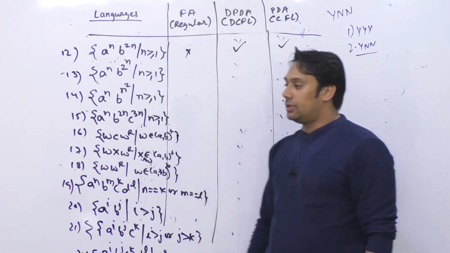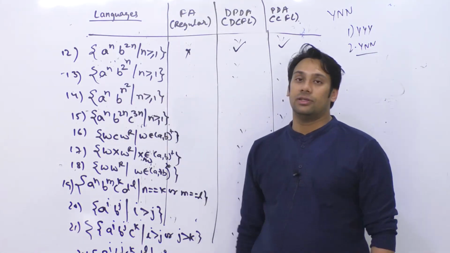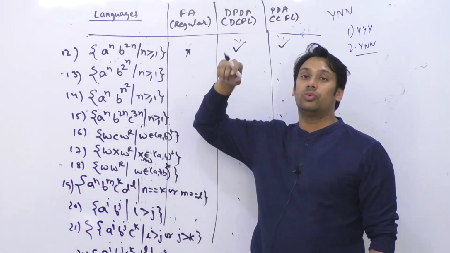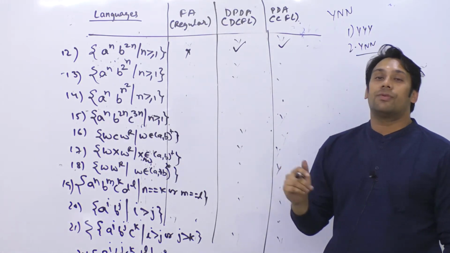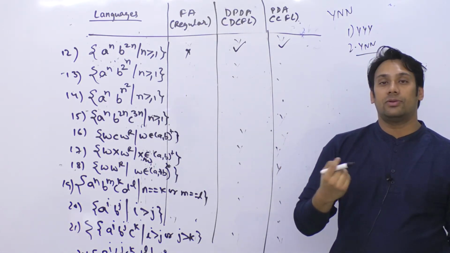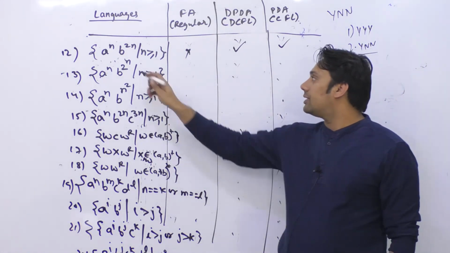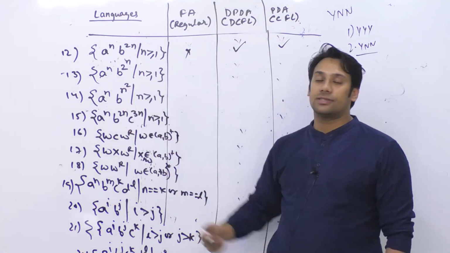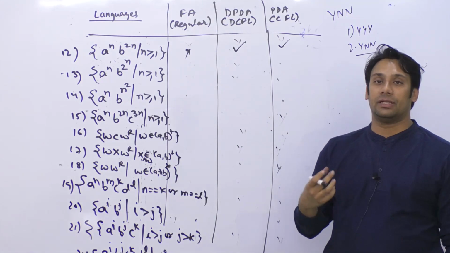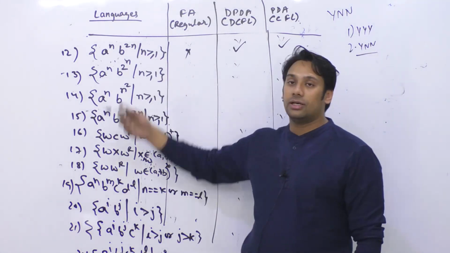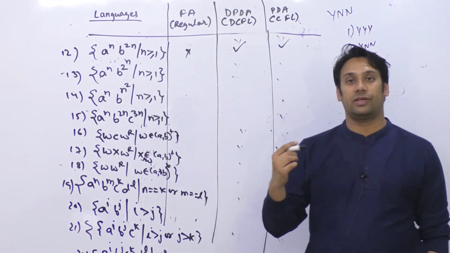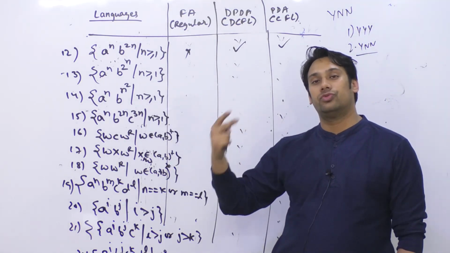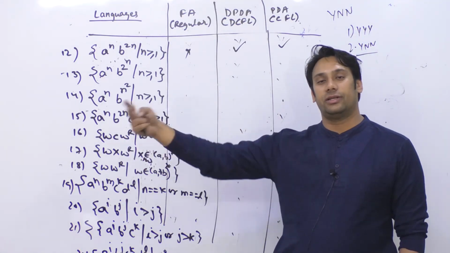Now what is the problem with the second one here? It says b raised to power 2 raised to power n. That means the number of b's is exponential compared to the number of a's. In the 12th case, this is basically an AP, so the number of b's is coming in an arithmetic progression, like 2, 4, 6, 8, 10 and so on.